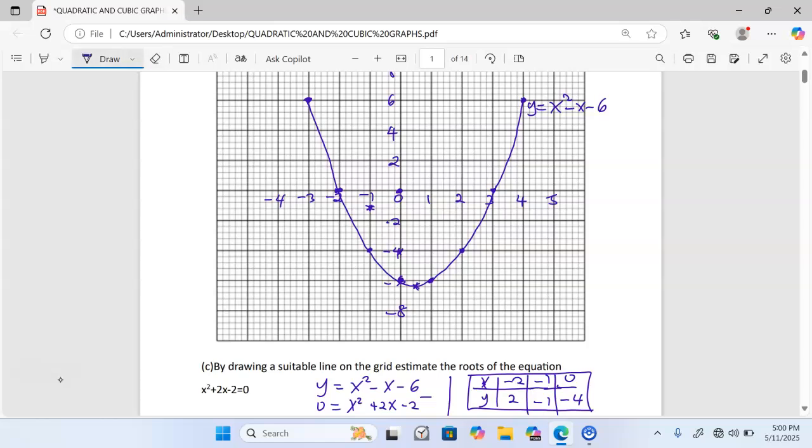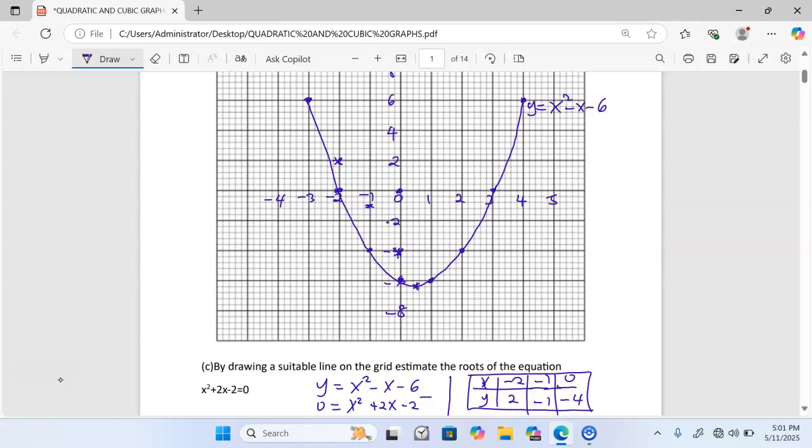We have when the value of x is -2, here the value of y is +2, and when the value of x is -1, the other one is also -1. -1 is around this point here, and when the value of x is 0, y is +4 at this particular point.